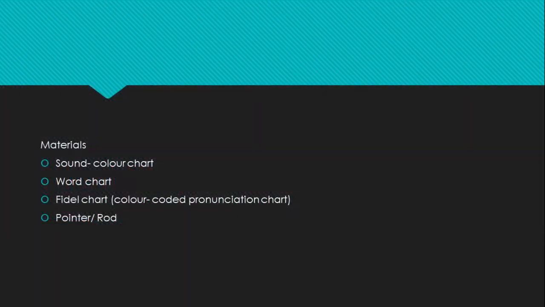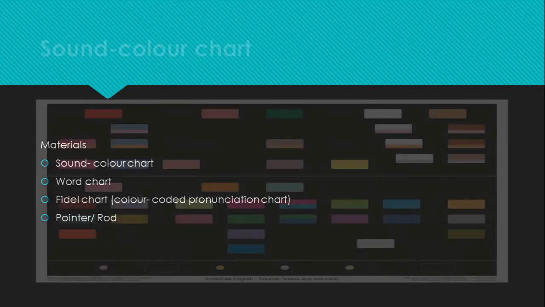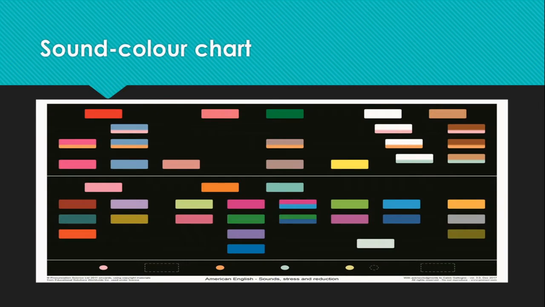Now, we had also discussed the materials that we will be using in the silent way. In the silent way, the materials that are commonly used include sound color chart, word chart, Fidel chart, that is basically color coded pronunciation chart, pointer or rod. Now I have given you pictures of all these materials here.